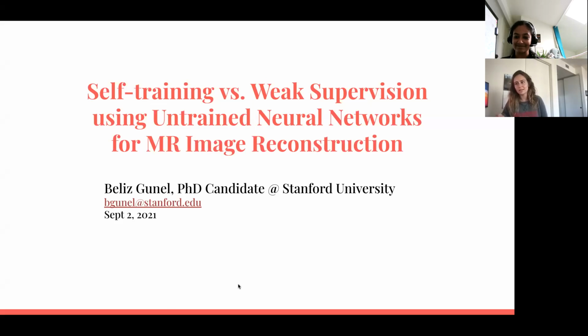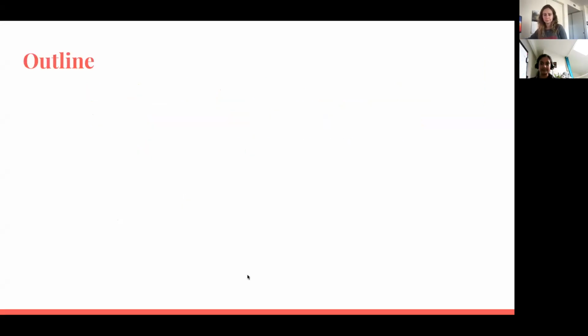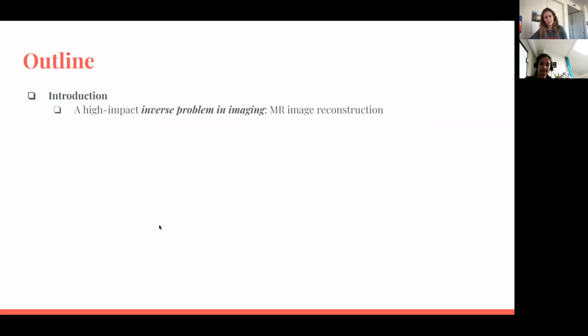Happy to be here. Today, I'm really excited to talk about our work on self-training and weak supervision using untrained neural networks for the MR image reconstruction problem. So first, I'll give a brief introduction to magnetic resonance imaging, or MR image reconstruction problem. It's an inverse problem in imaging.